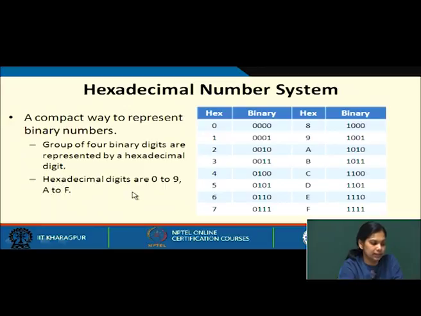The hexadecimal digits are 0 to 9 and A to F. 0 to 9 we already know, and starting from 10, it is represented as A, 11 as B, 12 as C, 13 as D, 14 as E and 15 as F. So, we have these representations from 0 to F in the hexadecimal number system.